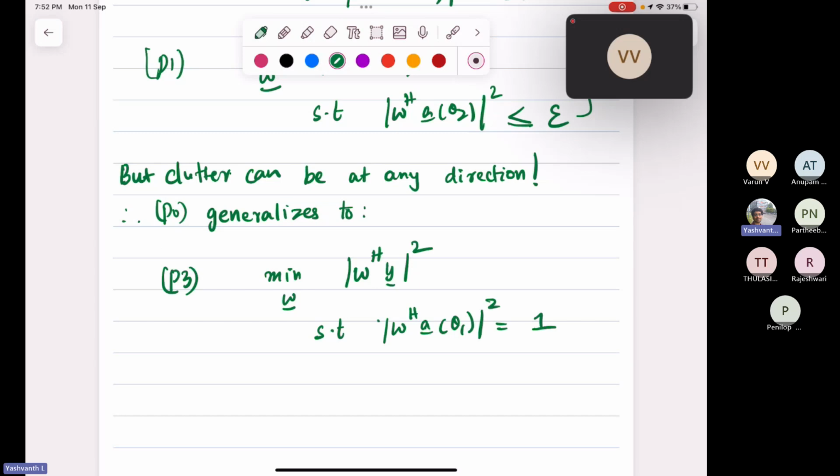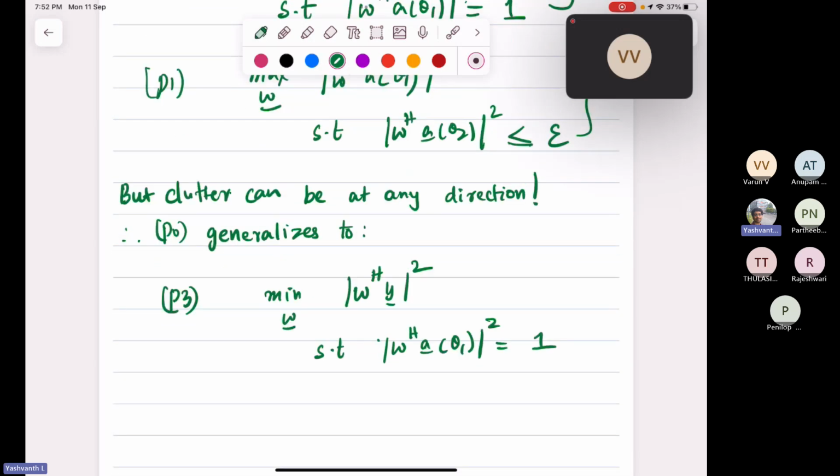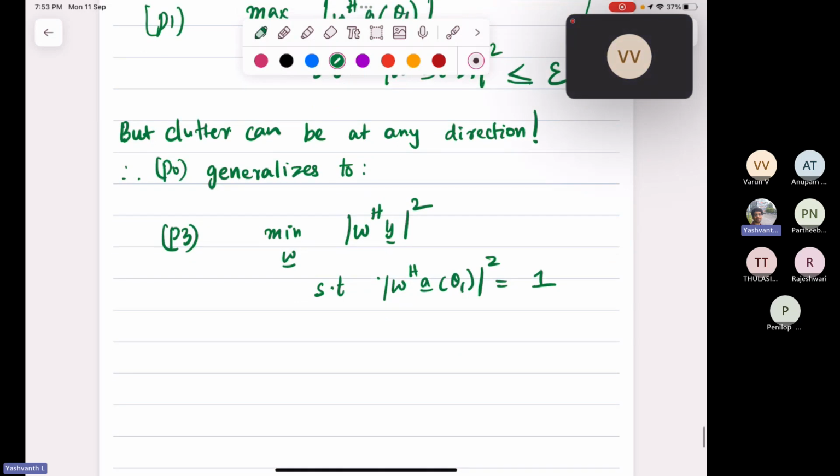What I'm doing is minimizing my overall output power itself. Y is the total array output, subject to the constraint that the response in the desired direction alone should be equal to 1. So no matter in which direction the clutter is located, I'm going to minimize the power from every other direction except the direction of theta 1. Is this clear? Yes, sir. So this is the general problem.